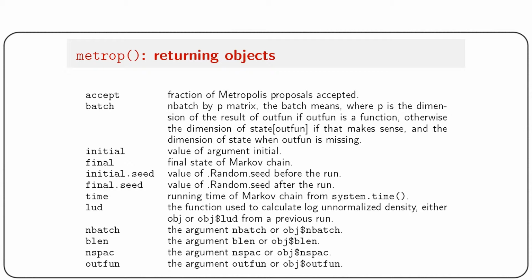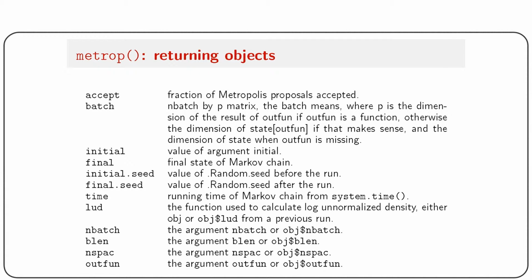Initial actually returns the value of the argument initial, the initial value that we have assigned. The final object returns the final state of the Markov chain, the initial seed, the value of the random seed, the final seed, and the running time of the Markov chain.